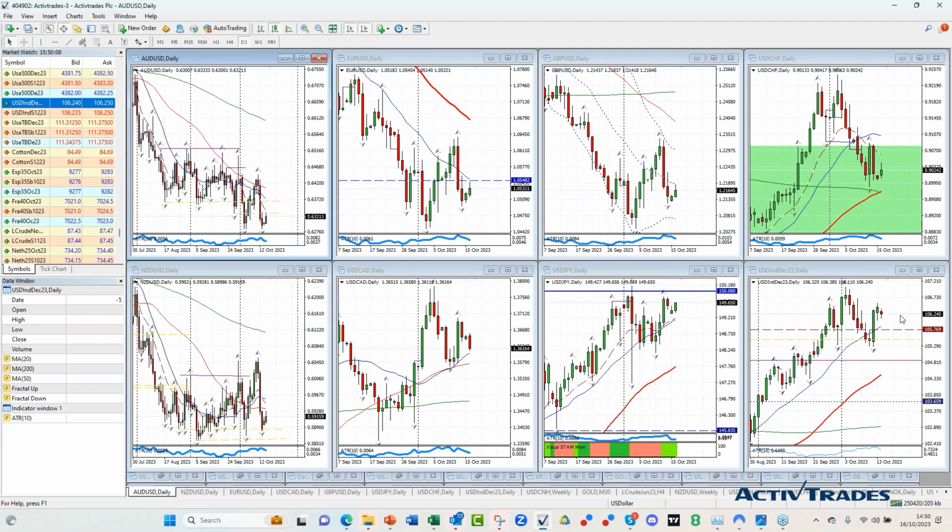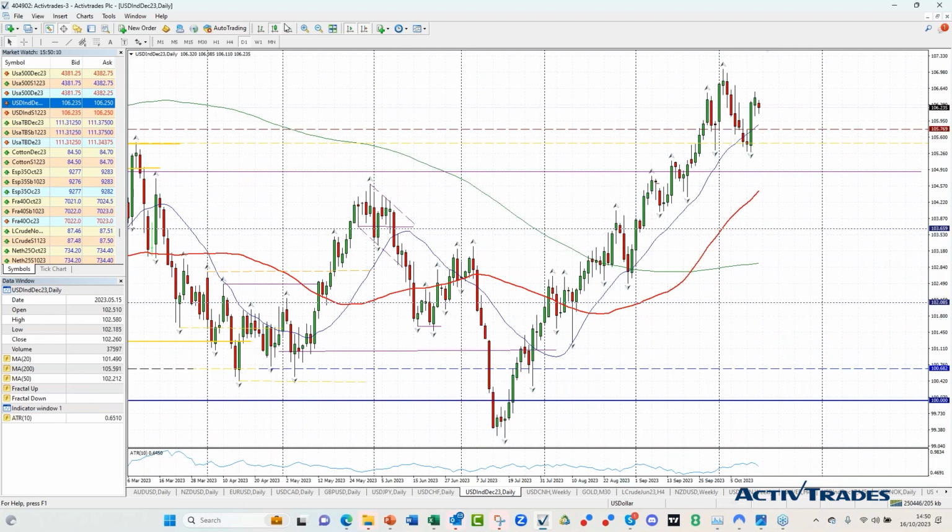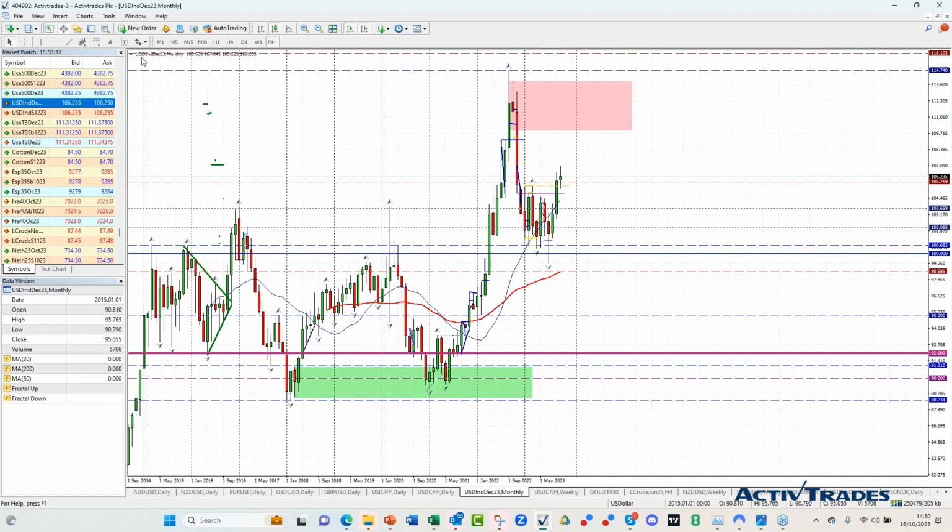Here is the dollar index, the USD index. And this is the December contract. That is what we're particularly looking for.